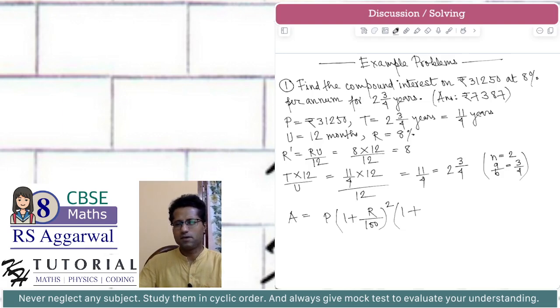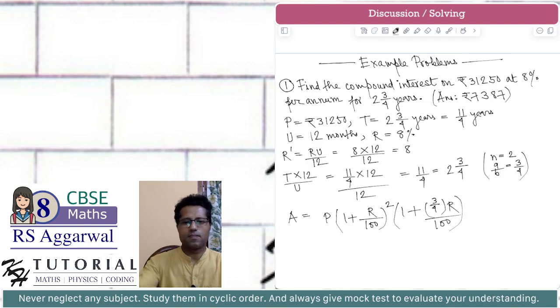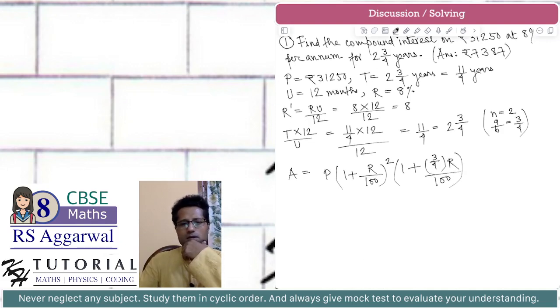What is A by B? A by B is 3 by 4. 3 by 4 R divided by 100. Okay. Now this is equal to P. R is 8.